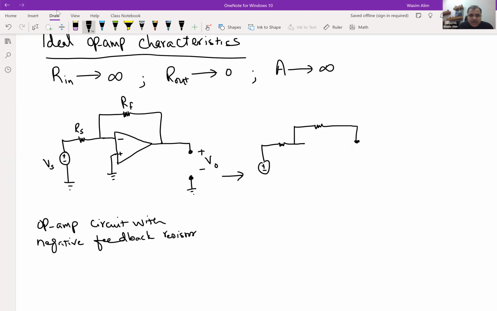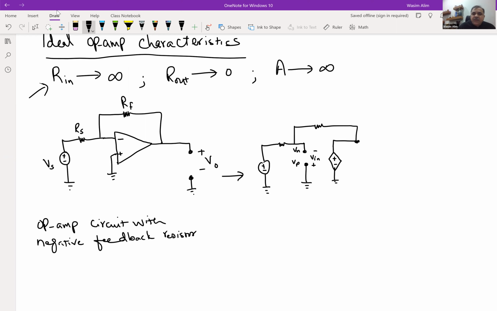And as we said, the ideal behavior is this. This is my V sub N, this is my V sub P. The input voltage is this, because we want the Rn to be infinite, right? And then on the output side, this is also connected to ground.